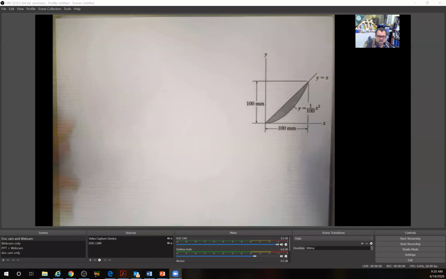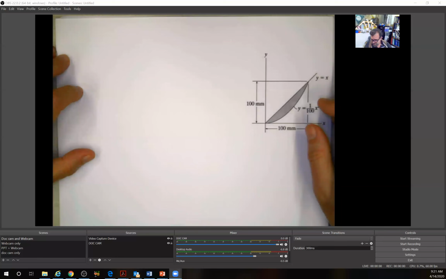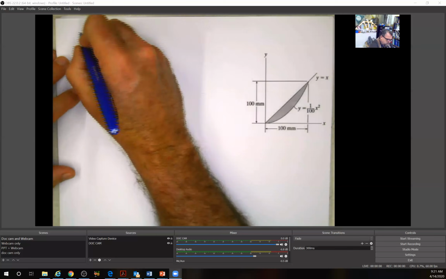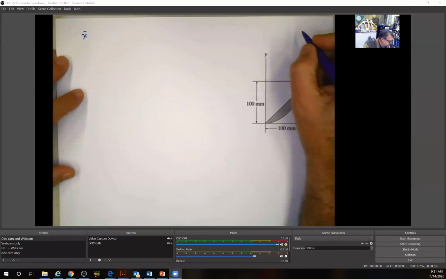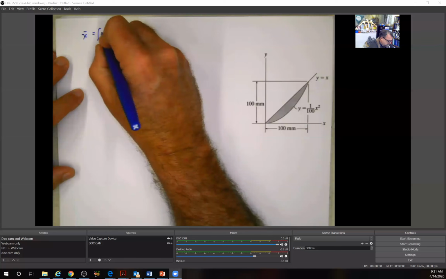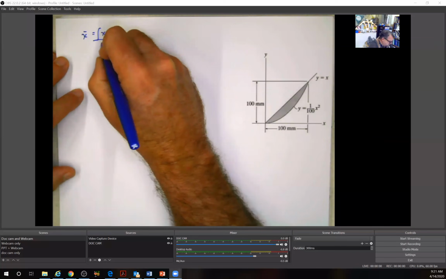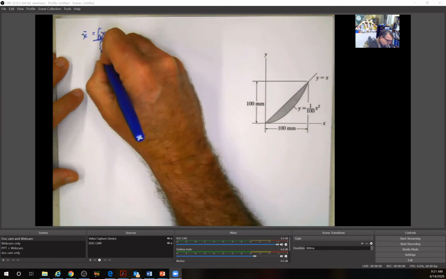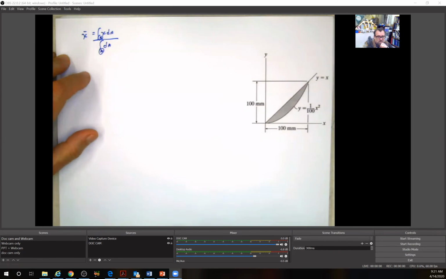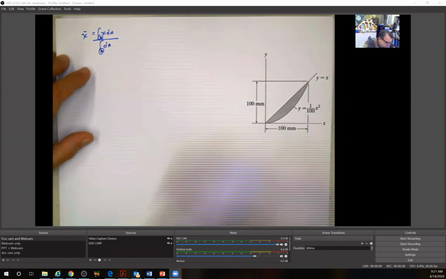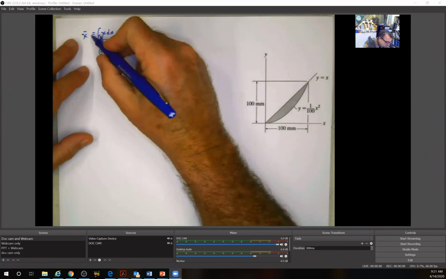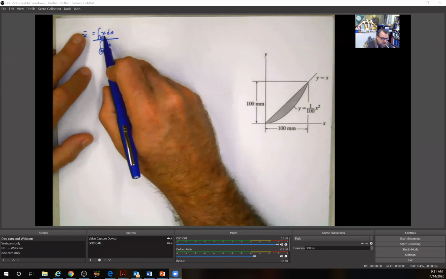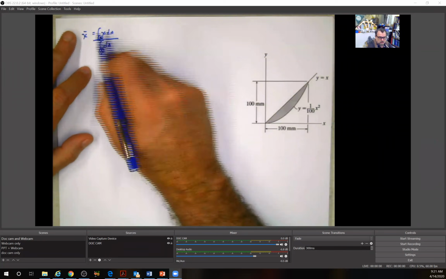Okay, locate the centroid of the X area. So first, the first thing that you have to do is write the equation for the centroid. And one of the things that people do, even though I'm providing the equations for the exam, is remember for centroid, this is what we are doing, but for moment of inertia, this is y squared dA, it's not x.